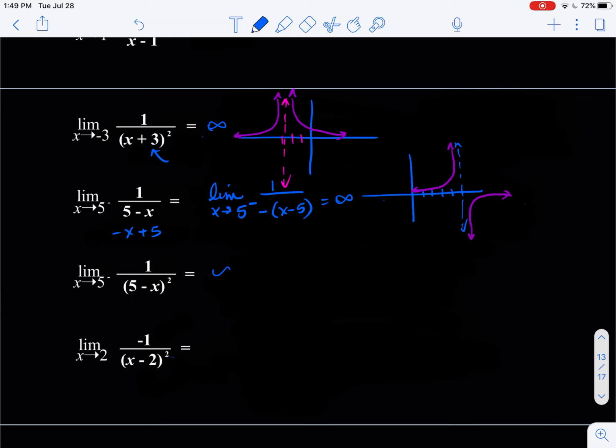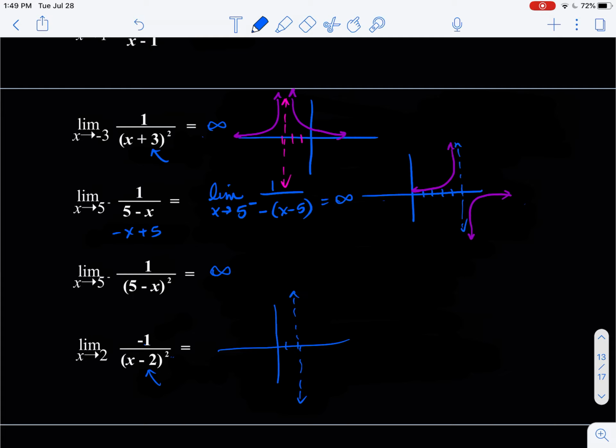All right, in the next problem, same situation. This time, though, we are squaring, and so both ends of the graph will be going up. So as x approaches 5, we can say positive infinity or does not exist. And in this last example, we're shifting it to the right 2, and we're reflecting.